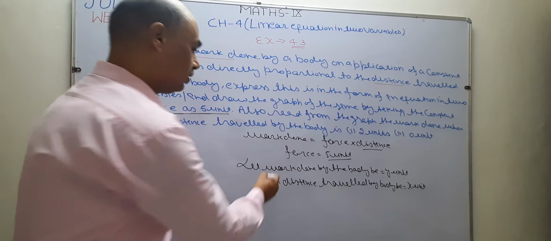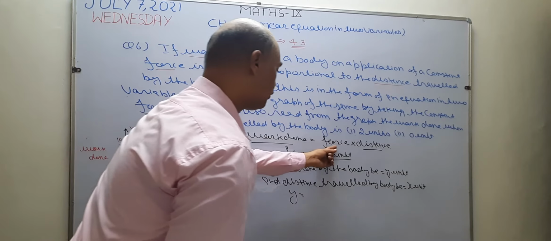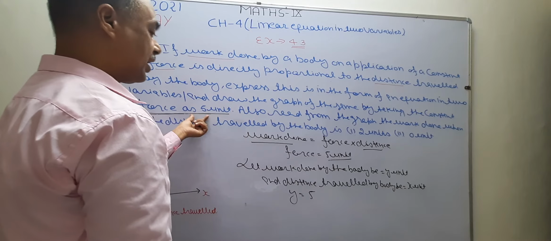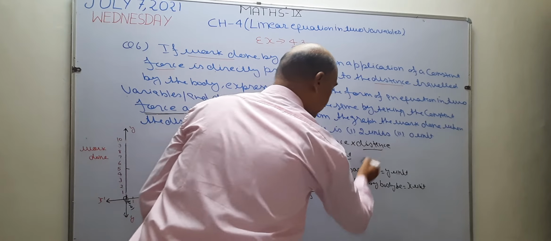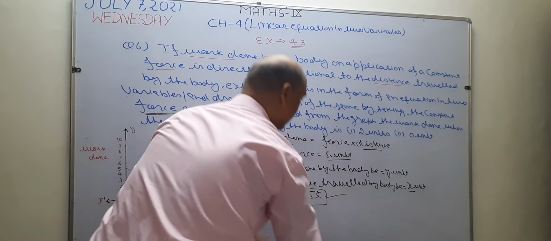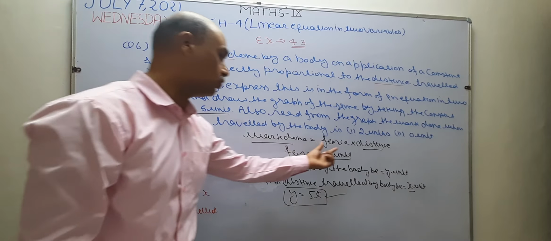According to this formula, instead of work done I write y, instead of force I write 5, because it is given in the question that you have to take force 5 units, and instead of distance I write x. So this is the required equation of the given situation. Okay, it becomes very simple when you use this formula.